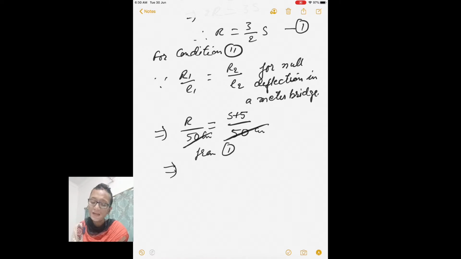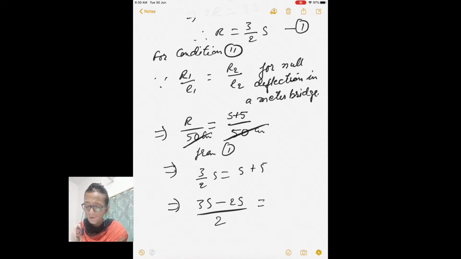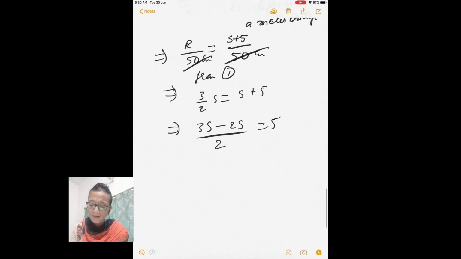It implies that from equation 1, in place of R I'll be writing 3 upon 2 S, and this is equal to S plus 5, and finally you come to this step: 3S minus 2S upon 2 is equal to 5, and therefore S comes equal to 10 ohm.